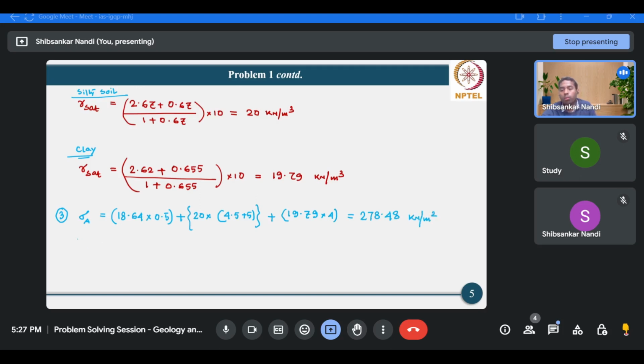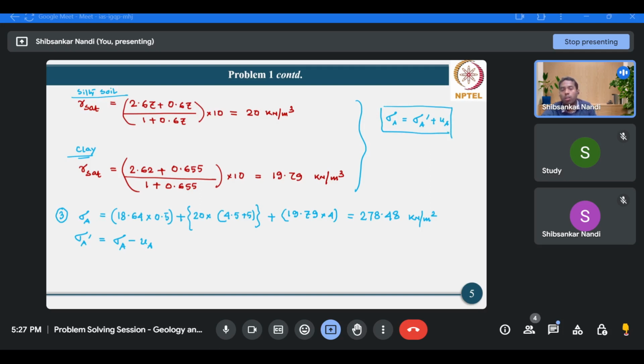Now you know that the effective stress is basically total stress minus pore water pressure, because total stress is a summation of effective stress plus pore water pressure. Therefore, effective stress you can get by subtracting the pore water pressure from the total stress.